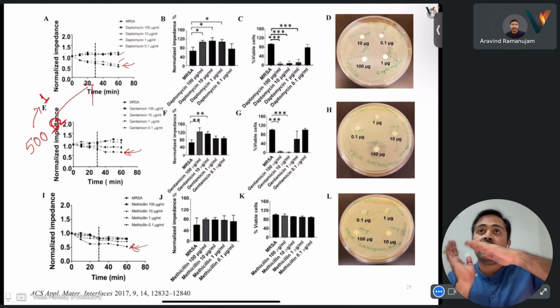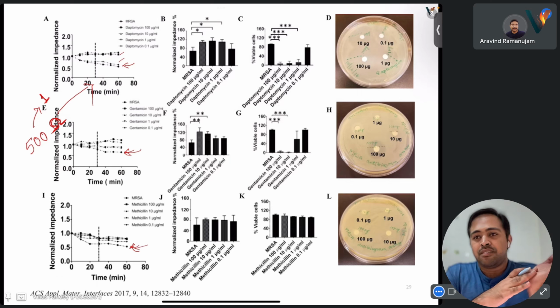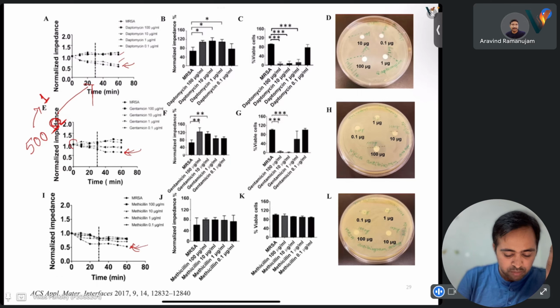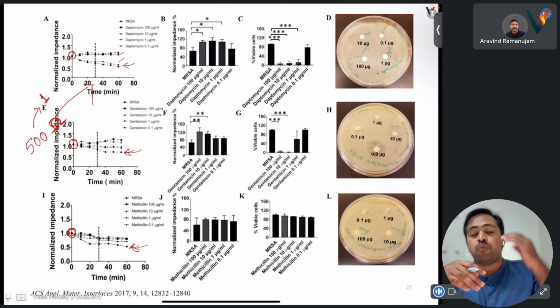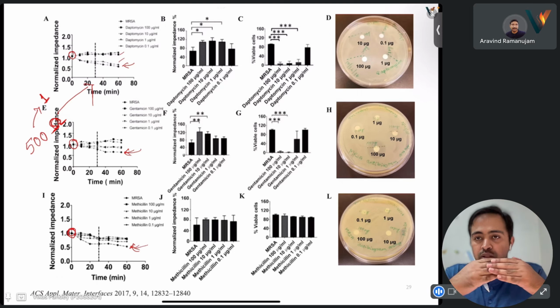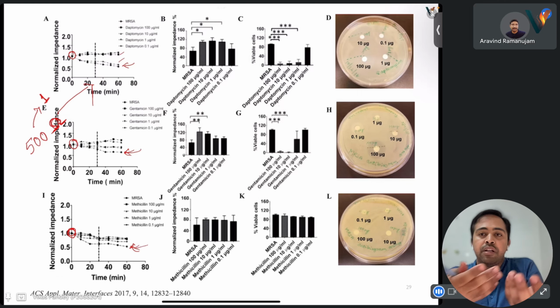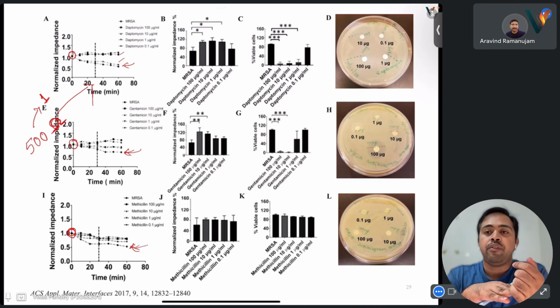It is dividing by 500. Suppose at the starting point you see in all these cases it is 1. Whatever the impedance value is at this point, we take it as the standard or base impedance, and we divide whatever impedance comes by this value.